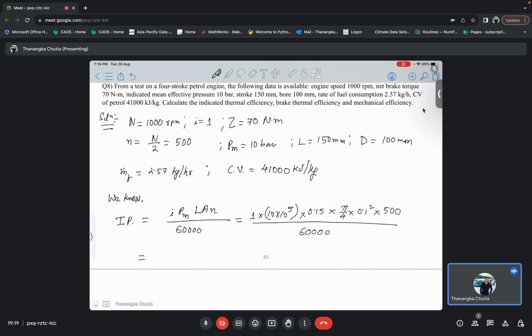So this you will get in 9.82 kilowatt. Okay, so that is your indicated power.